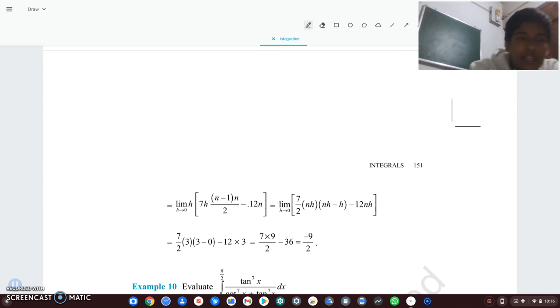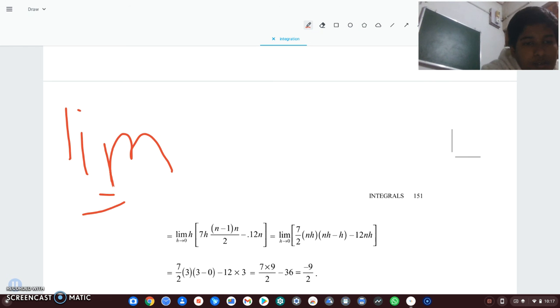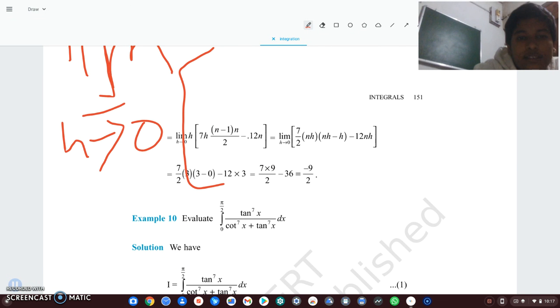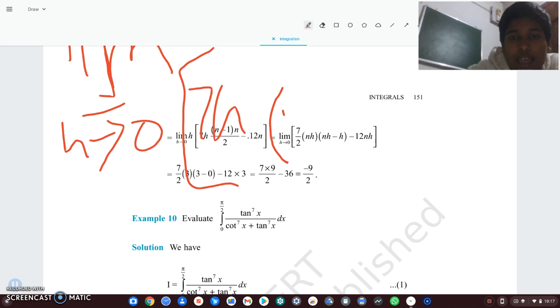And now we would write limit h tends to 0, and in brackets 7h, as we had taken common, and now it was 1 plus 2 plus 3 plus 4, and we can write that as n into n minus 1 upon 2.